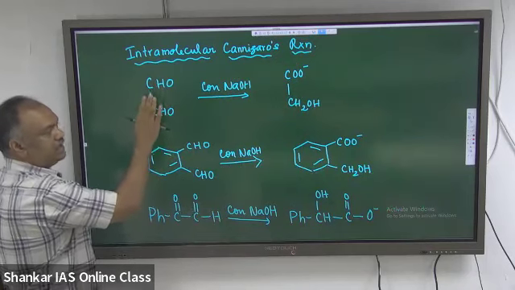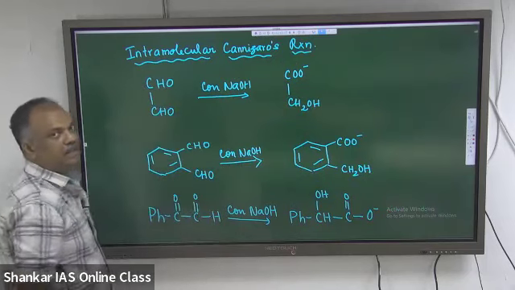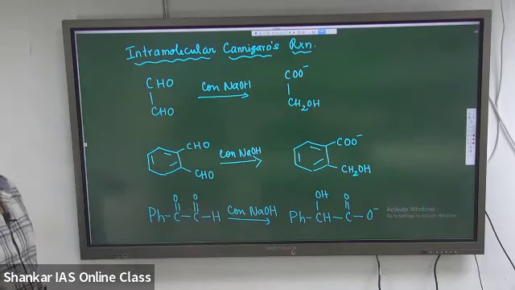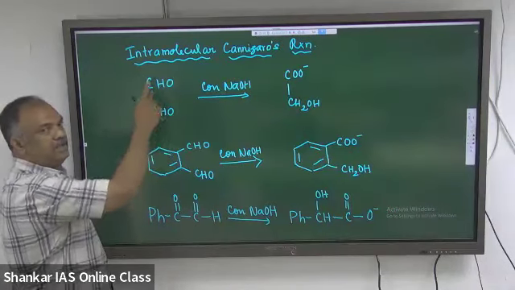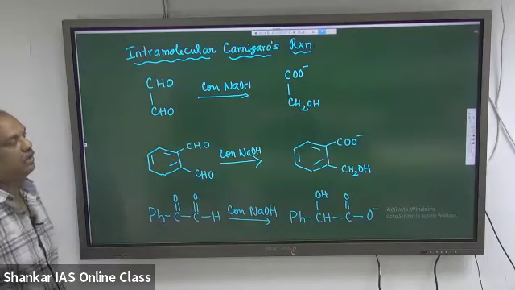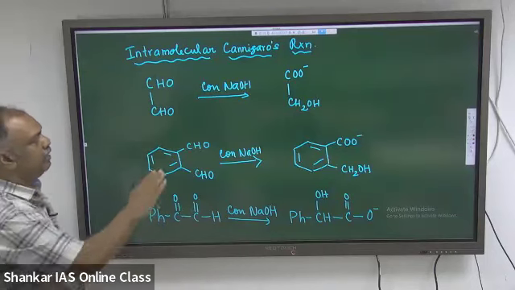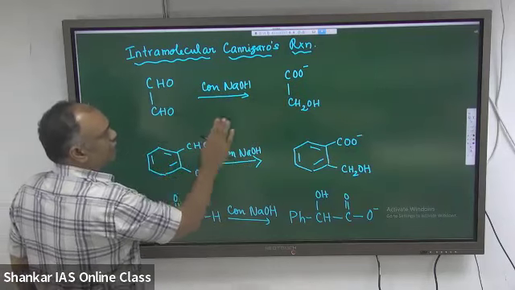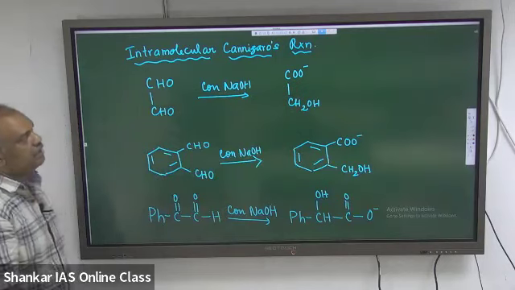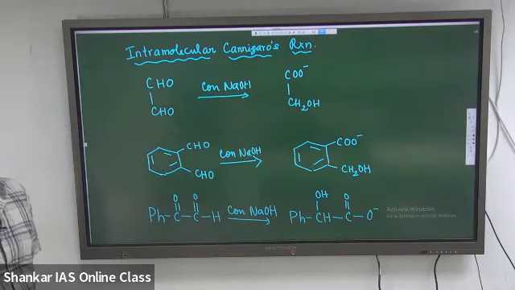When you subject this to concentrated NaOH, it undergoes Cannizzaro reaction. Just one molecule is sufficient because it contains two aldehyde functional groups. One is being oxidized, another is being reduced. This is a classic example of intramolecular Cannizzaro reaction.